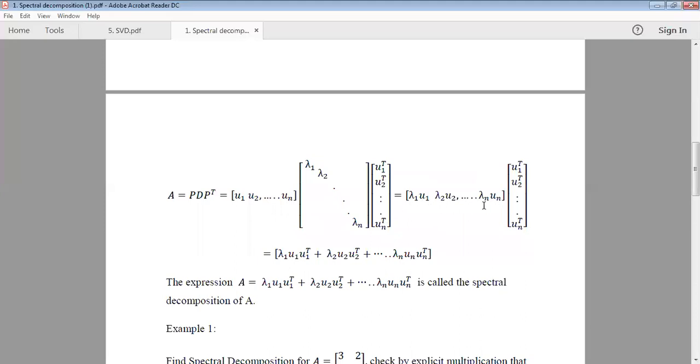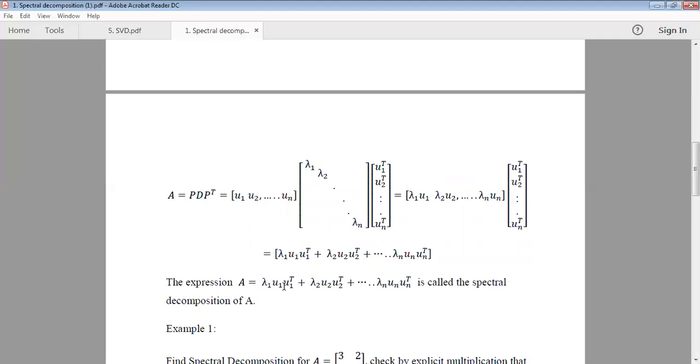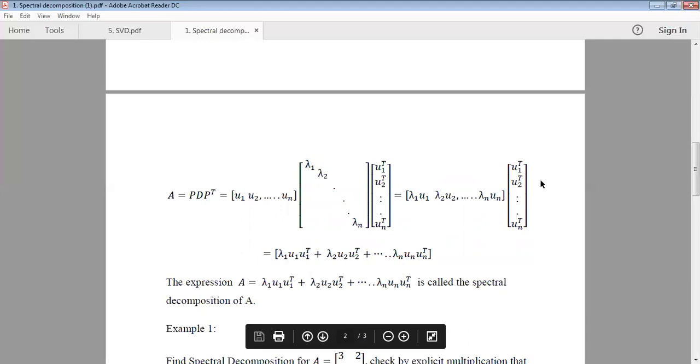By simplifying this, we get A equals lambda 1 u1 u1 transpose plus lambda 2 u2 u2 transpose plus and so on lambda n un un transpose, which is called the spectral decomposition of A.